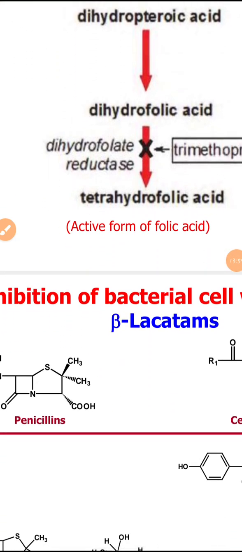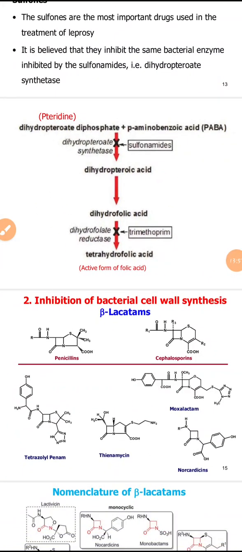That is the difference between the two drugs. Sulfones also inhibit the dihydropteroate synthase enzyme like sulfonamides. But trimethoprim inhibits the conversion of dihydrofolic acid into active folic acid by inhibiting the dihydrofolate reductase enzyme. This is all about the mechanism of action and the chemistry of the sulfa drugs.